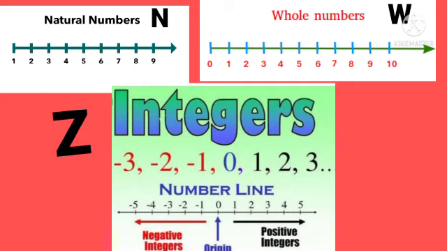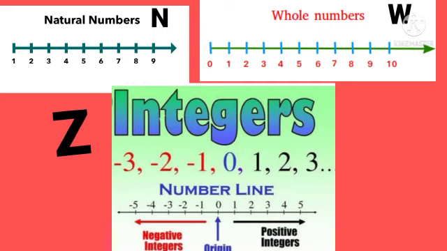That is 1. The difference between 1 and 2 is 1, and also we can take 2 and 3, and 3 and 4, the difference is 1. So the difference between consecutive natural numbers is 1.